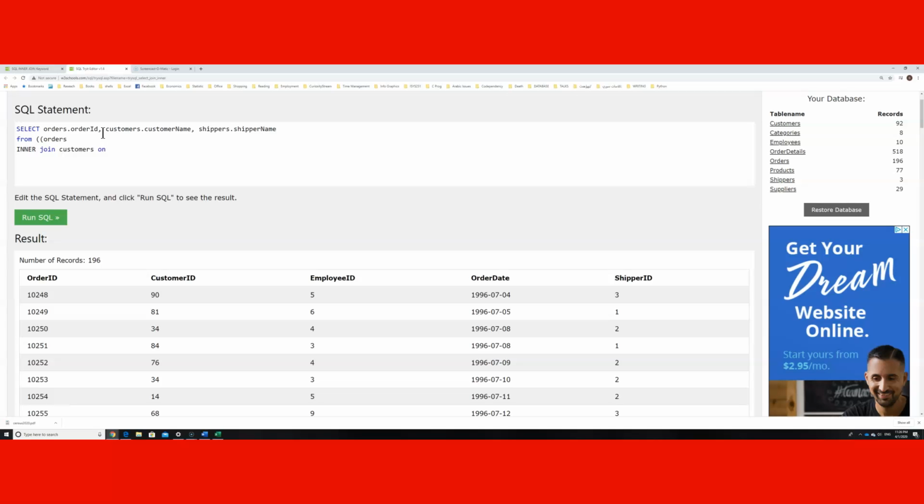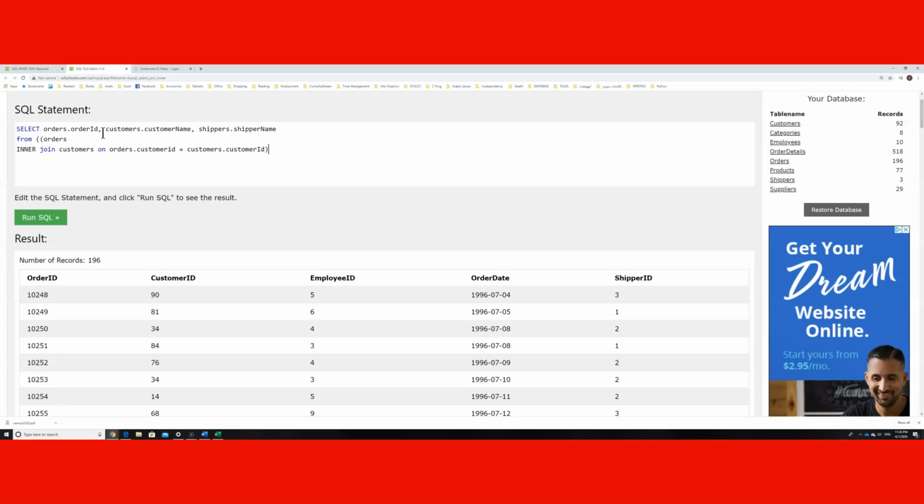Now, customer is going to be joining the orders table. On orders, same thing we did before in the previous videos, orders dot customer ID must be equal to the customers table dot customer ID. This is the primary key in the customers table, and it's the foreign key in the orders table.